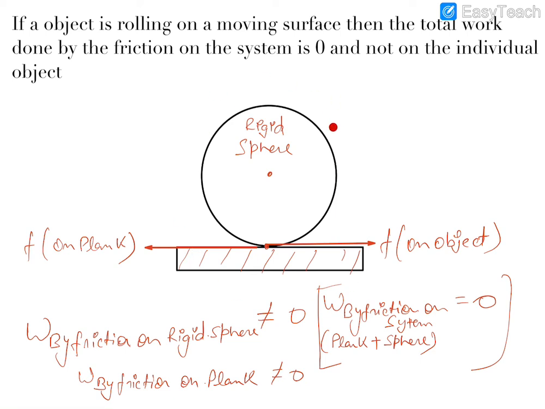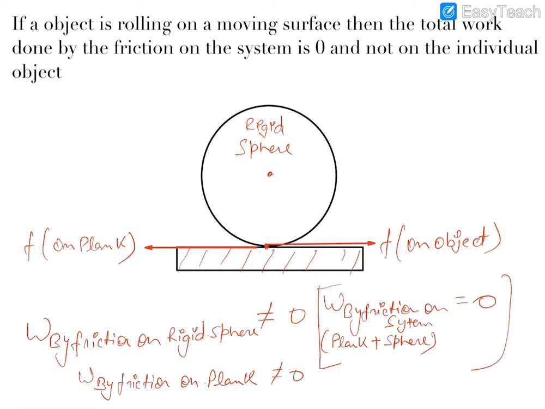And the work done by this rolling friction on any body would not be zero, because if you remember, I have already discussed that the velocity of point of contact of any body is not zero. In fact, the velocity of this point lying on this body will be equal to the velocity of this plank.